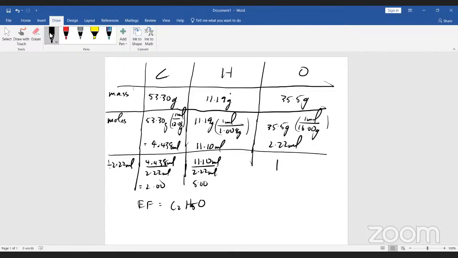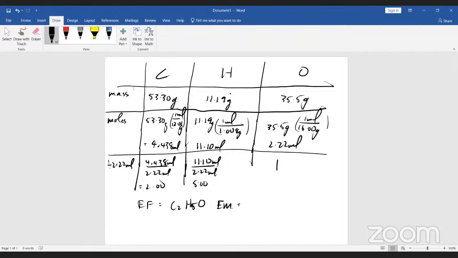And then part C says calculate the molecular formula for the compound. So in order for us to do that, we need the empirical mass. The empirical mass would be the molar mass of the empirical formula, basically, right?